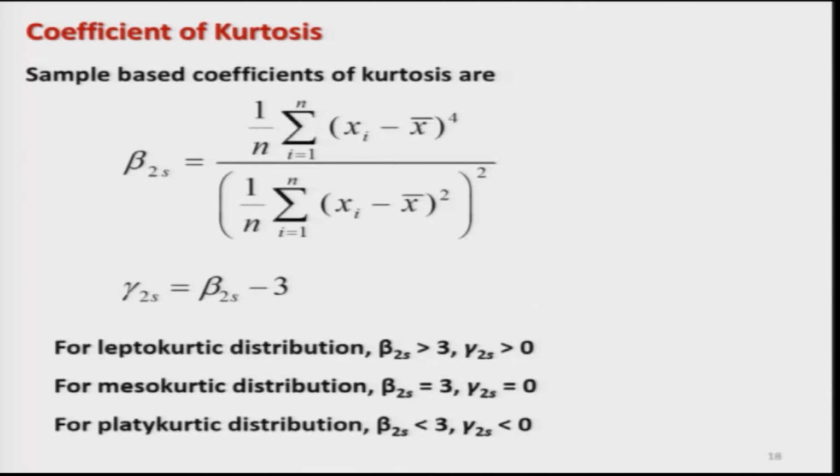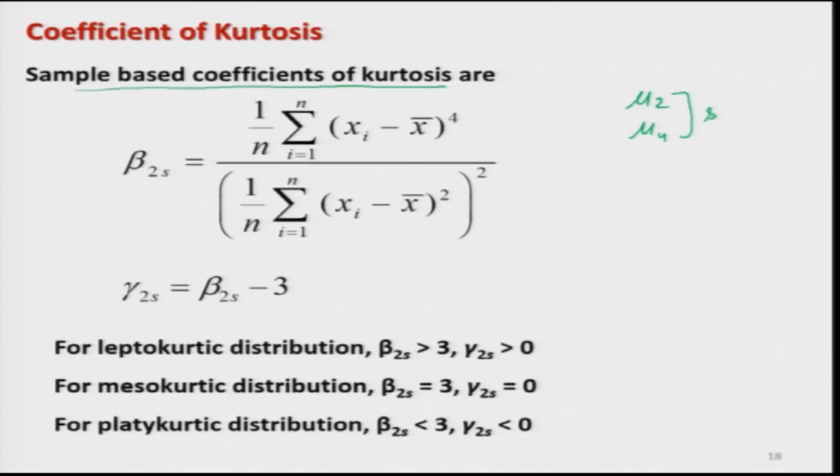But I would try to define the sample based coefficient of kurtosis, because in beta 2 and gamma 2 I simply used the population values. Here I need two central moments, mu 2 and mu 4.